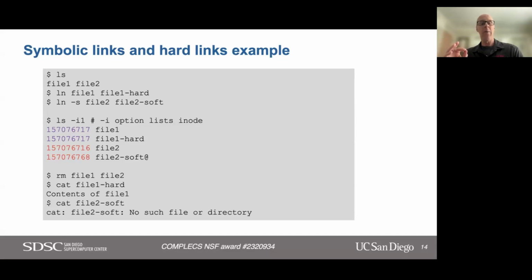If I try to list the contents of file1-hard, we will see that it still exists. So we actually had a copy of that file. Now when we look at the contents of the soft link, we'll see that there's no such file or directory.